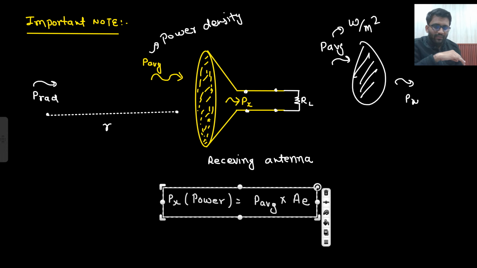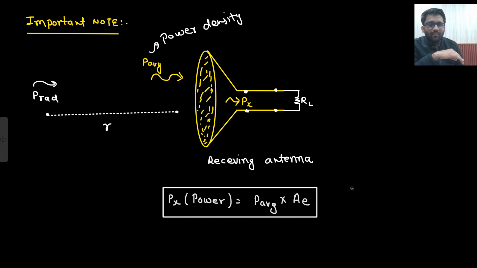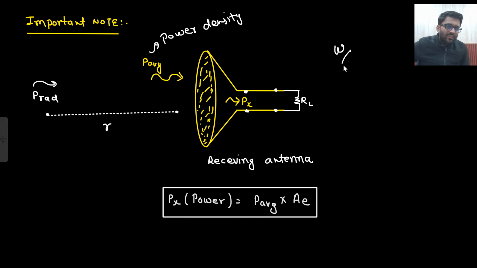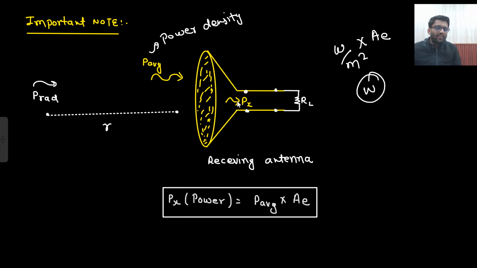Basically from here watt per meter square was coming, right? That will be multiplied with the area. So what will it become? Watt only, no? So this is a unit of power. So you have a receiving antenna, some P average power is coming, that will be incident on the aperture area of your receiving antenna. But P average will be multiplied with what? Aperture area?